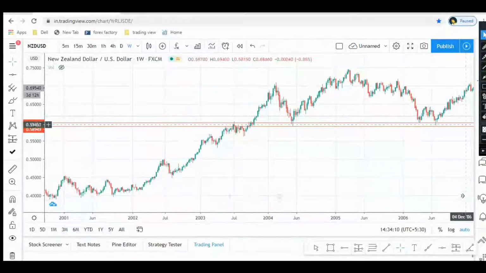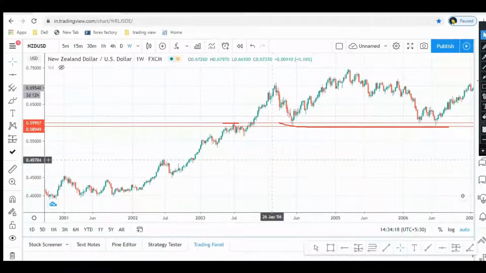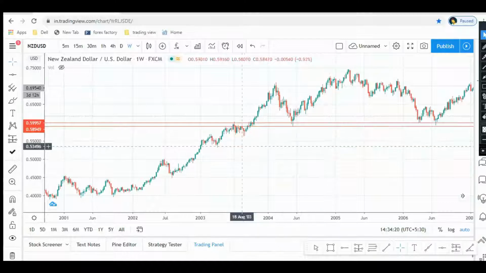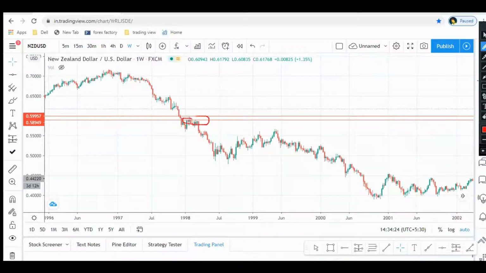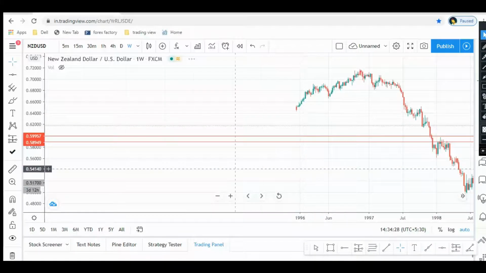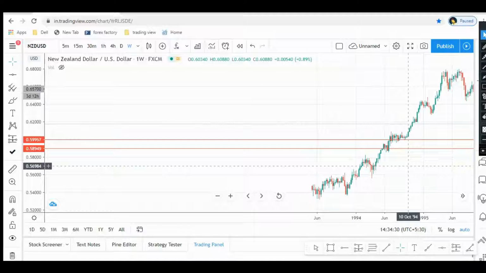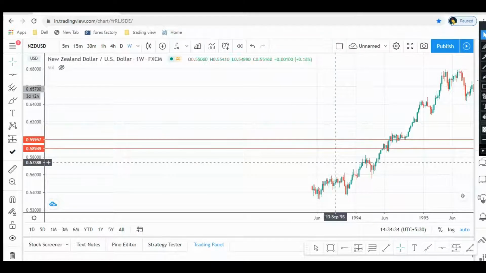So let's find out. These two areas are acting as resistance and support, and this one acted as a resistance. Let's see how strong this resistance area is. Very strong. We are on the weekly chart.